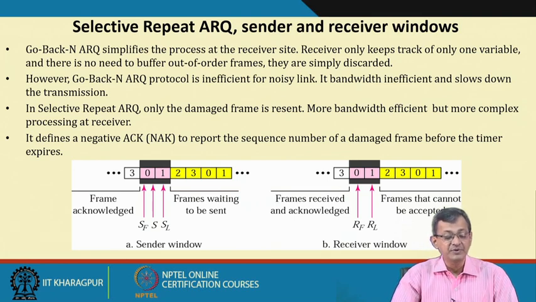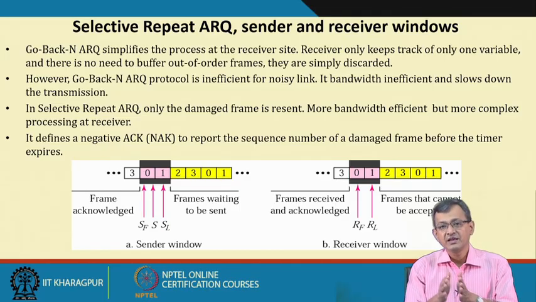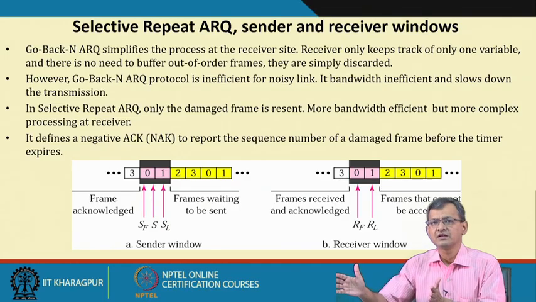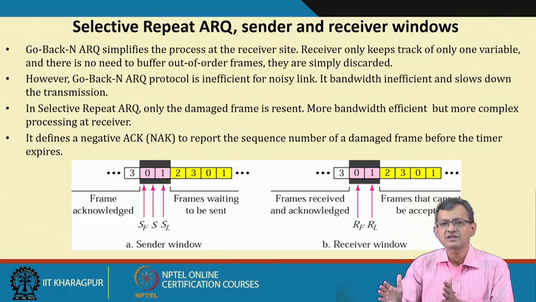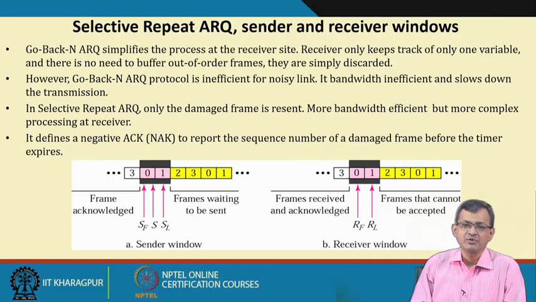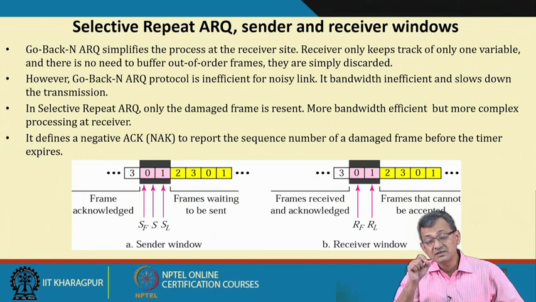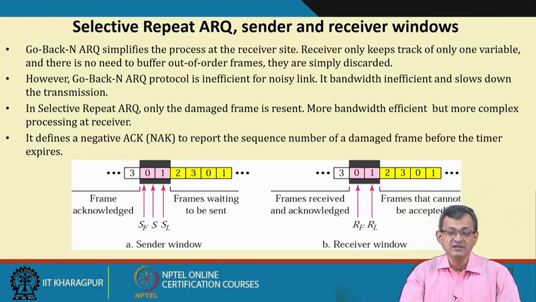However, in Selective Repeat ARQ only damaged frames are resent. It is more bandwidth efficient, but more complex in processing. In Go-Back-N, if you find one out of order, you discard everything after that, but in Selective Repeat you are not discarding all; you only discard the erroneous or damaged frames, and selectively request a resend from the sender for those frames.